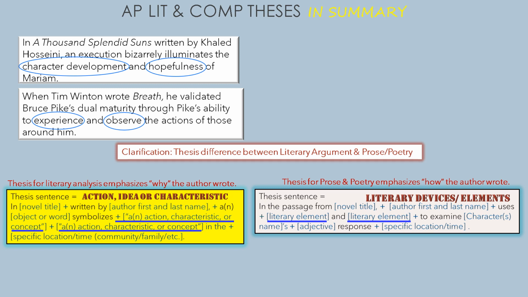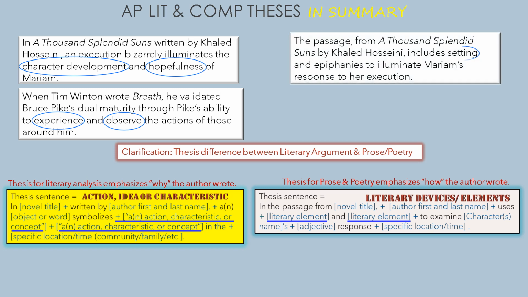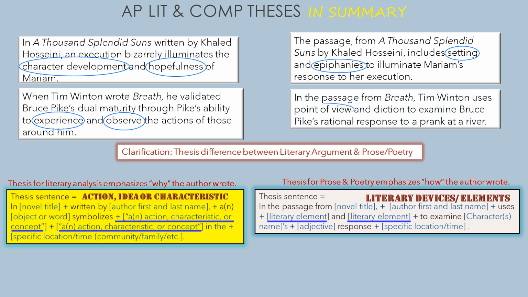The writing technique is specifically the manner that the author used for the reader to understand the text, specifically how the author intended it to be understood. In the above two examples, you'll see that setting, epiphanies, point of view, and diction are the given devices or elements.